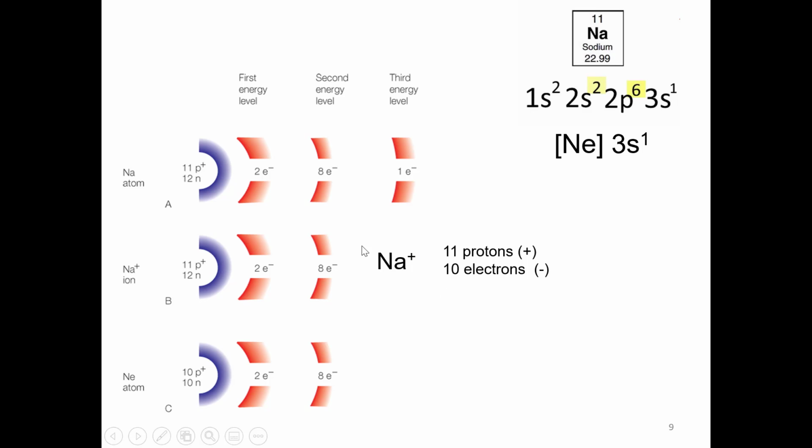And this is why sodium is a positive ion, as we expected, because sodium is a metal. We can see in this diagram, if sodium loses 1 electron, then the electronic configuration of the sodium ion will be the same configuration as neon.